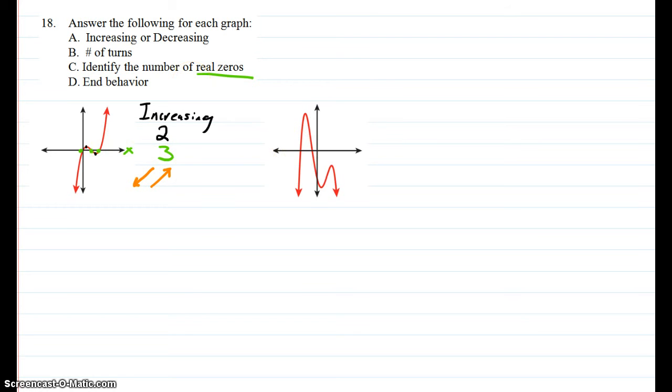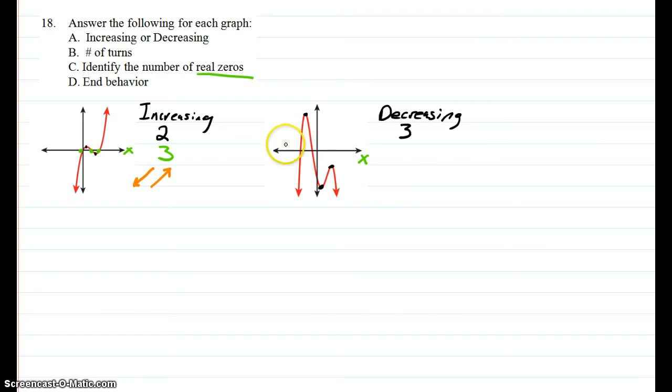Now as we look at the next one, as we go left to right, the graph eventually goes down, so it's decreasing. The number of turns: turns once here, comes down, turns and goes back up, turns again, and so it looks like it has 3 turns.